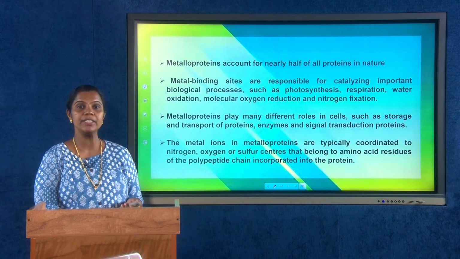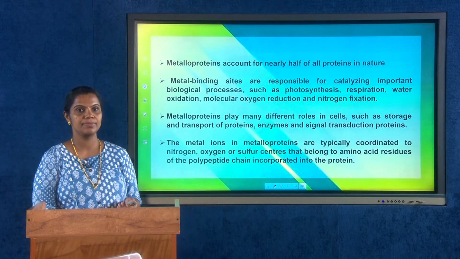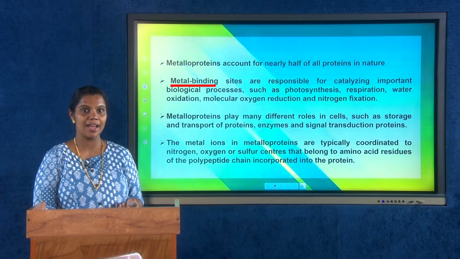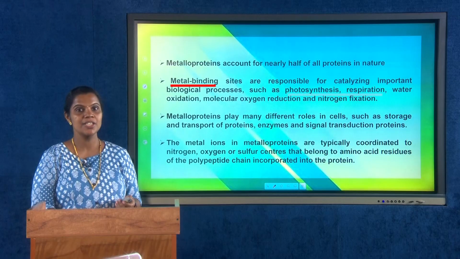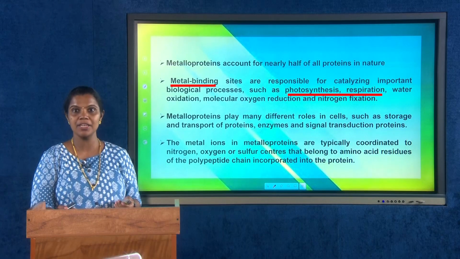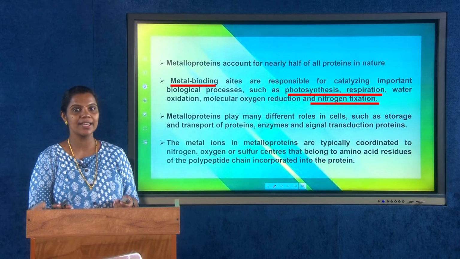Metalloproteins account for nearly half of all proteins present in nature. Metal binding sites are responsible for catalyzing important biological processes such as photosynthesis, respiration, water oxidation, molecular oxygen reduction, and nitrogen fixation.